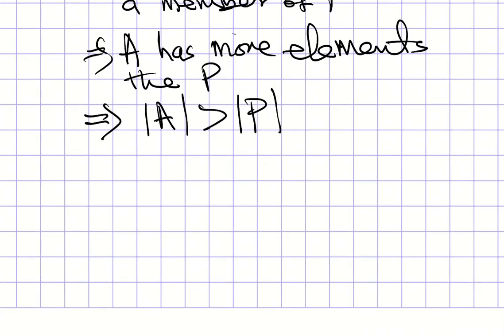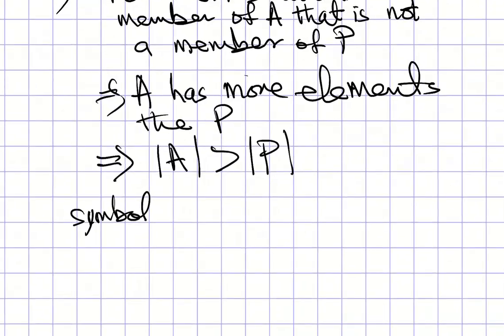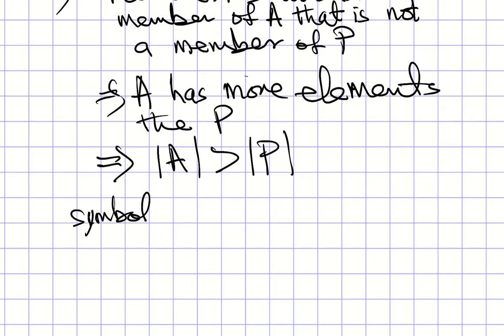What is the symbol? The symbol for proper subset is this. Don't get it confused with the subset. You just have to read this over and over again until you have it.